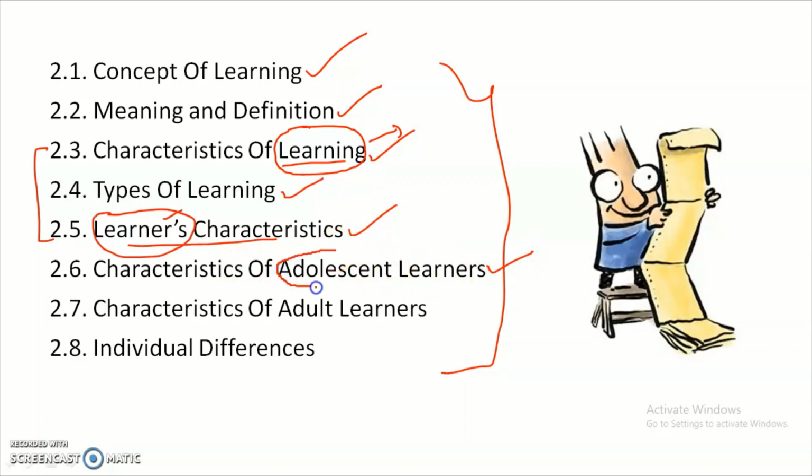Adolescent means the candidate's age is between preschool and adult age, like the transition from child age to adult age. In that transition of age, they are called adolescent learners. So how will their characteristics be, and the characteristics of adult learners? Adult learners means, for example, college students.